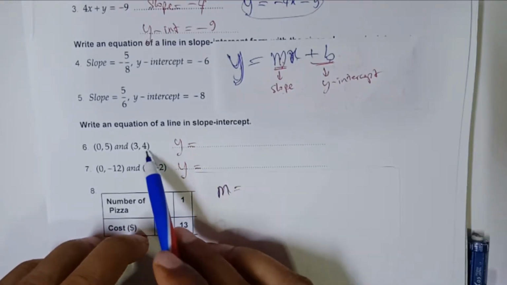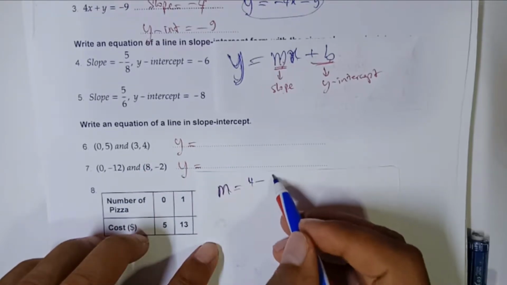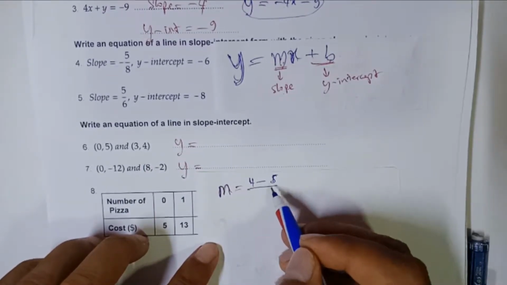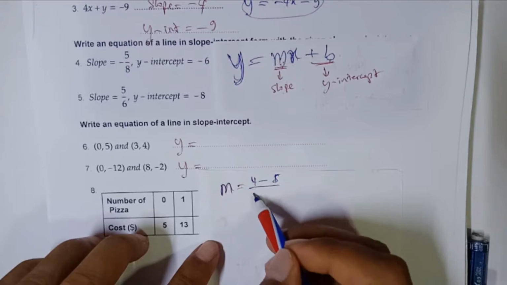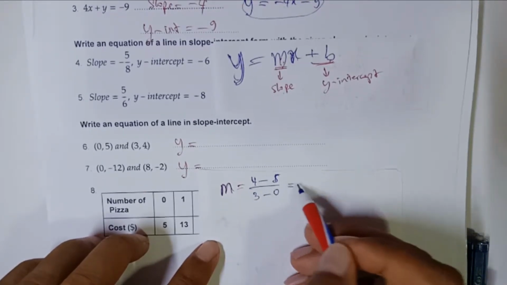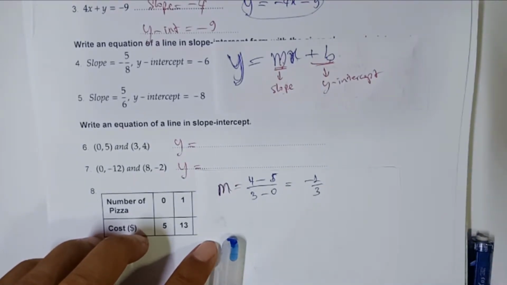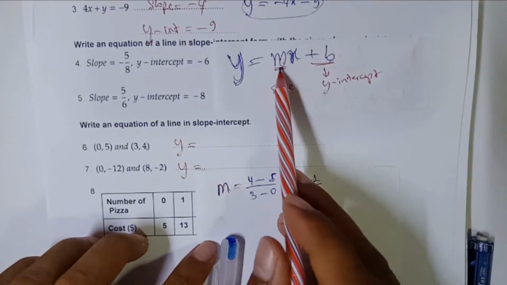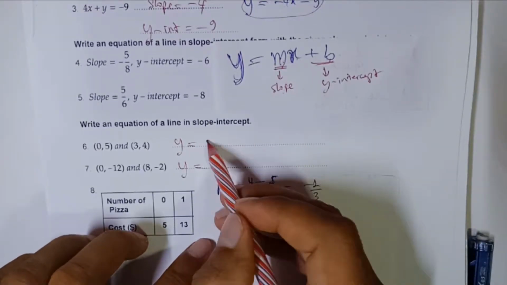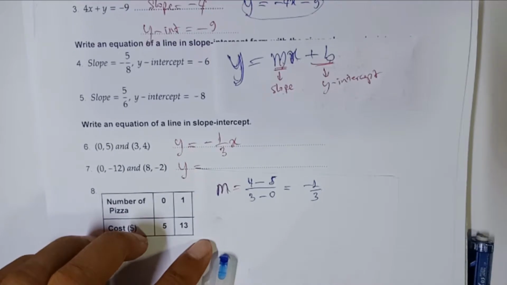So y sub 2, which is 4, minus y sub 1, which is 5, over x sub 2, which is 3, minus x sub 1, which is 0. So you have minus 1 over 3. That is the slope. So y equals minus 1 over 3 x.